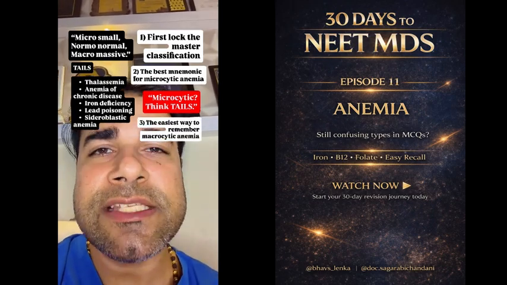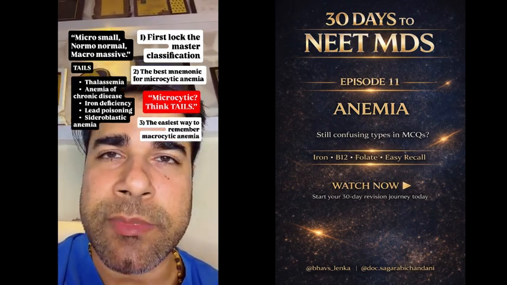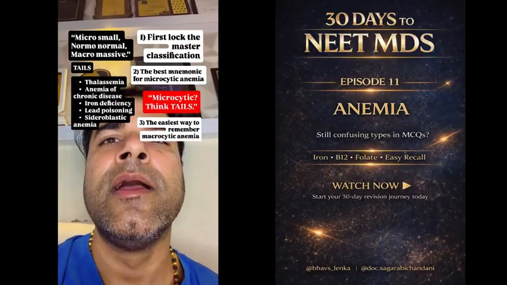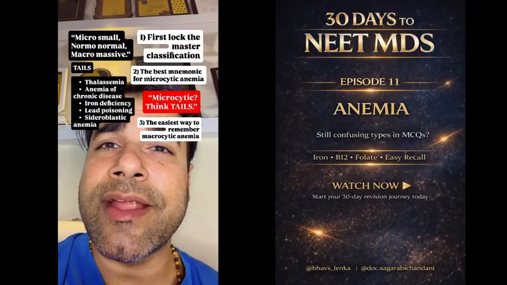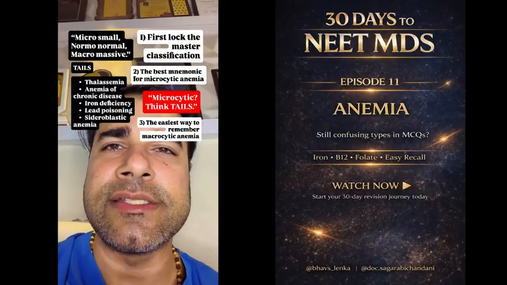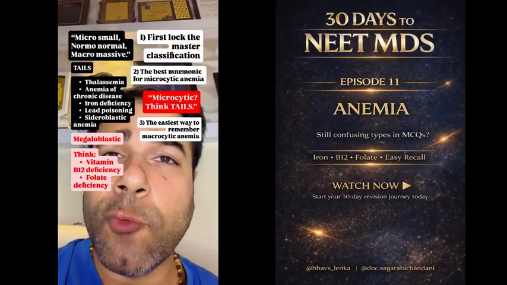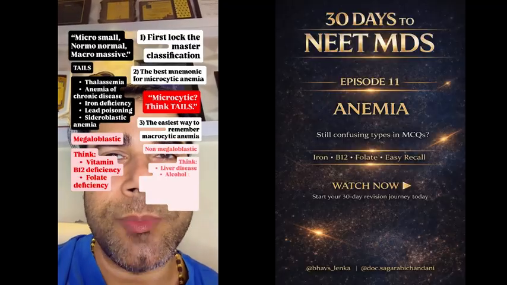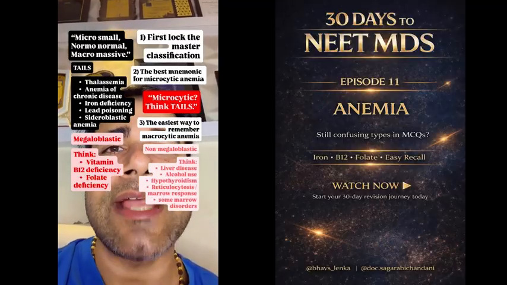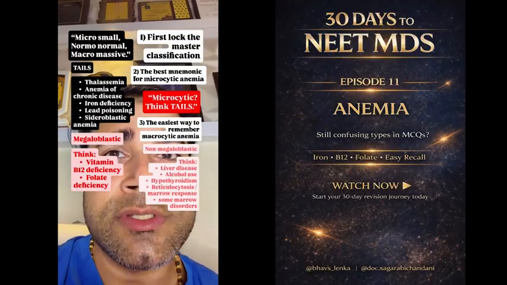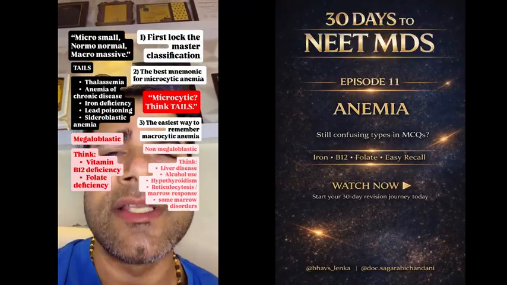Next, the easiest way to remember macrocytic anemia. Split it into megaloblastic and non-megaloblastic. Macrocytic anemia is commonly divided this way in standard references. Megaloblastic, think vitamin B12 deficiency, folate deficiency. Non-megaloblastic, think liver disease, alcohol use, hypothyroidism, reticulocytosis or marrow response, or some marrow disorders.